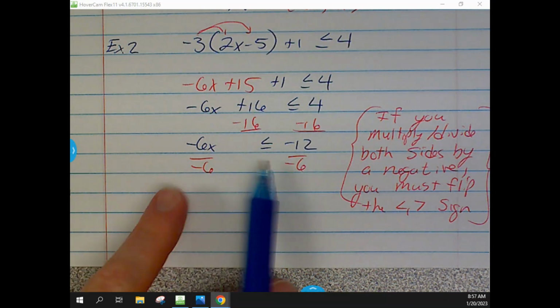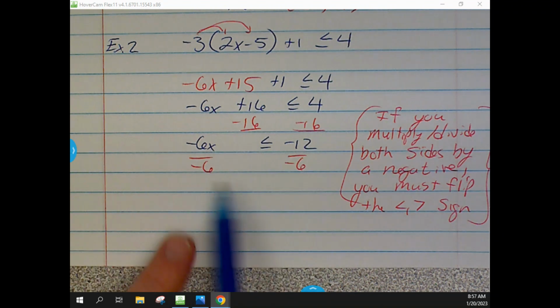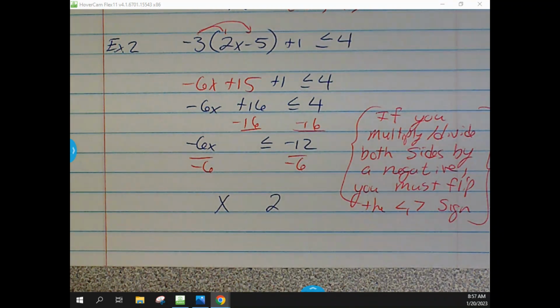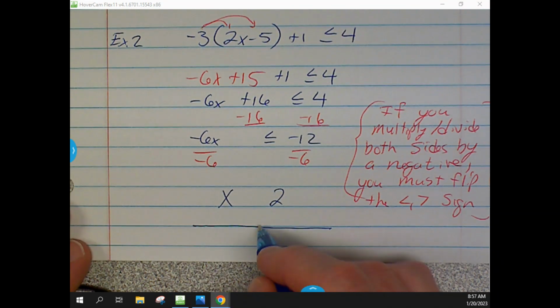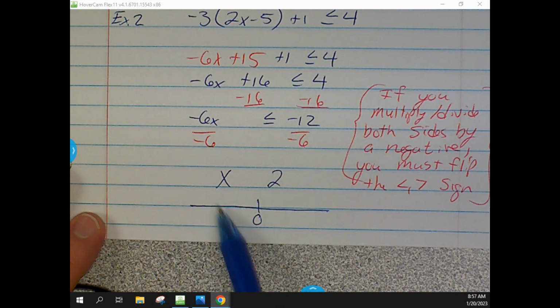Because at this point, we're talking about the negatives. When we divide both sides by a negative, now we've got x, and now we're talking about the positive. So if you think about the number line, with 0 in the middle, right now we're graphing everything on this side that's negative.